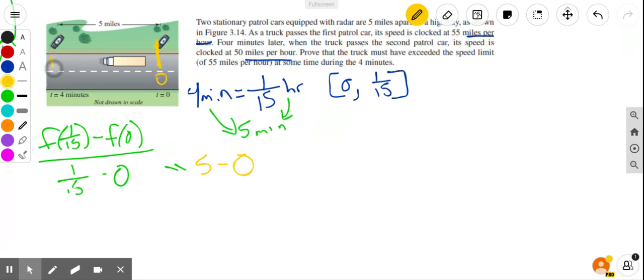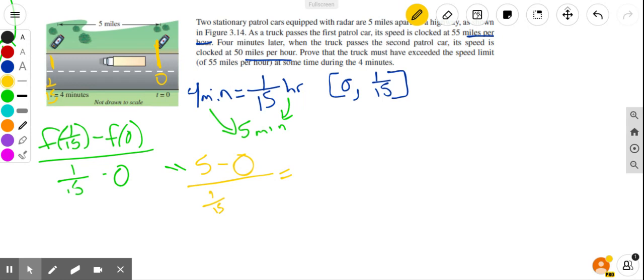Then over here at 1/15, it had traveled those 5 miles, right? And then simplify that.